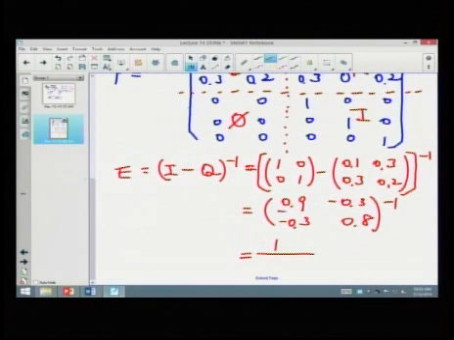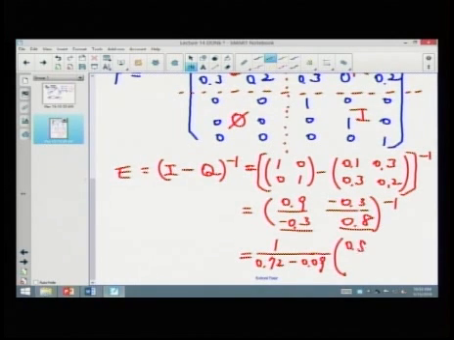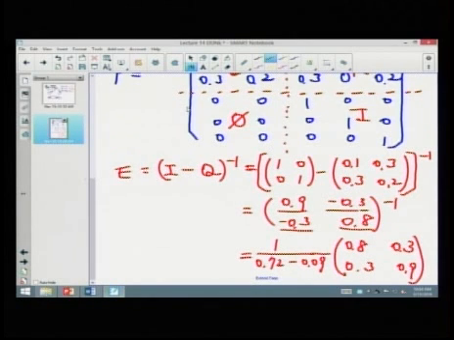Those are 0.9 times 0.8, so 0.72, minus BC, which is 0.09. Then switch over here, so we have 0.8, 0.9, and put negative signs on 0.3. So this is going to be the E matrix.